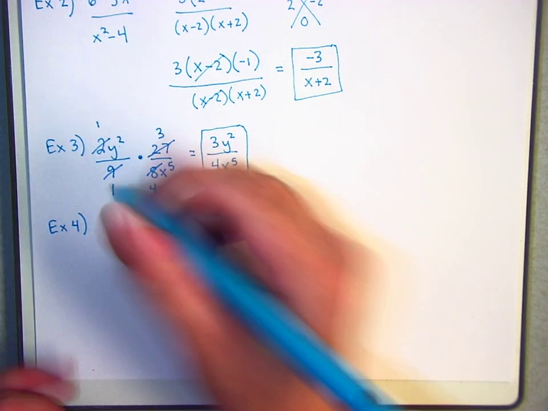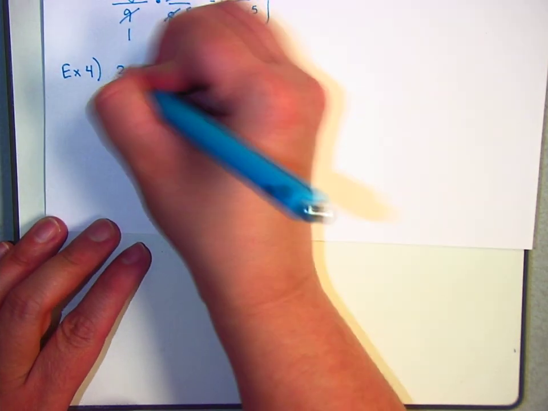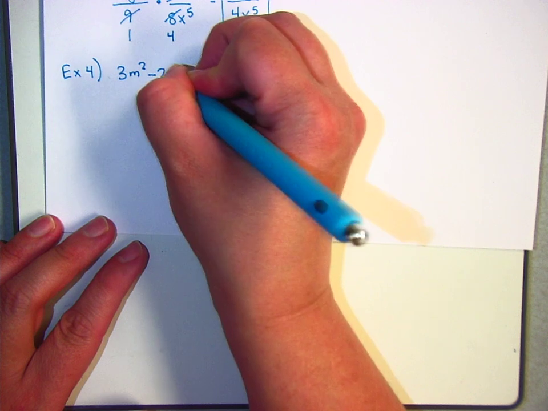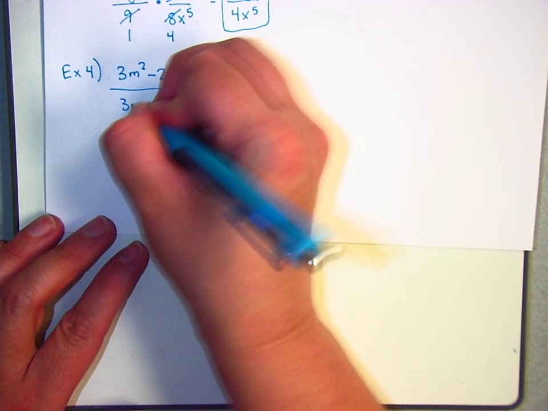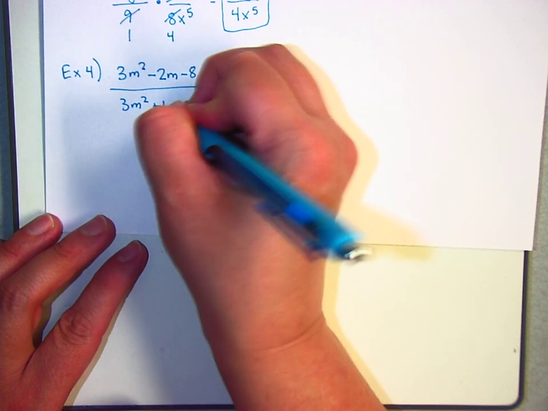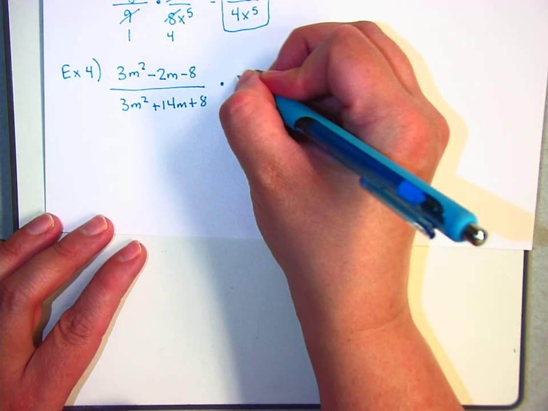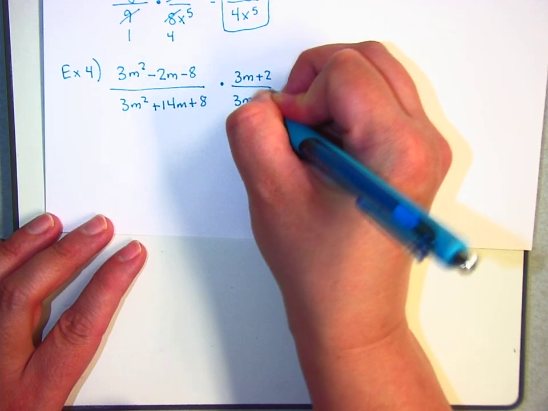All right, next example. This one's a little tough. 3m squared minus 2m minus 8 over 3m squared plus 14m plus 8 times 3m plus 2 over 3m plus 4.